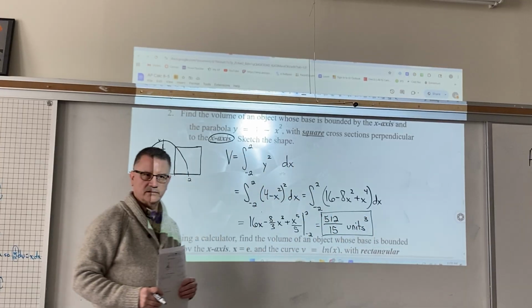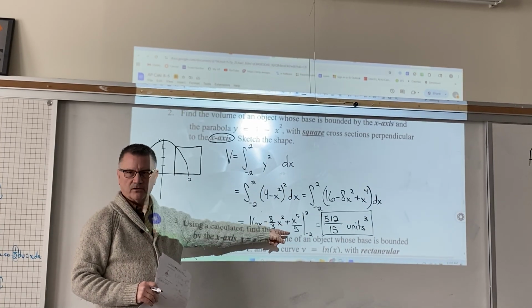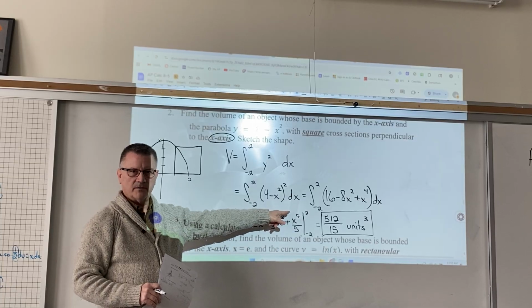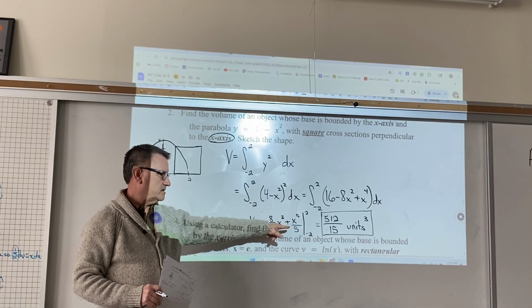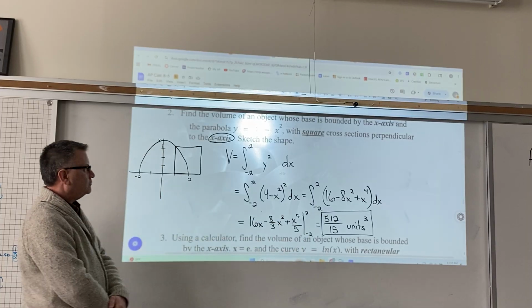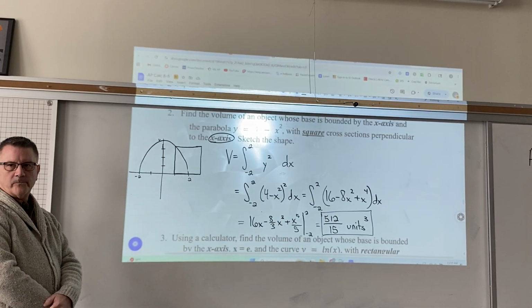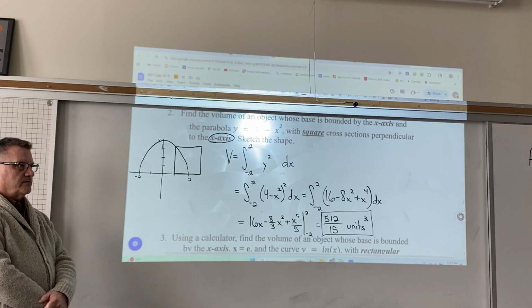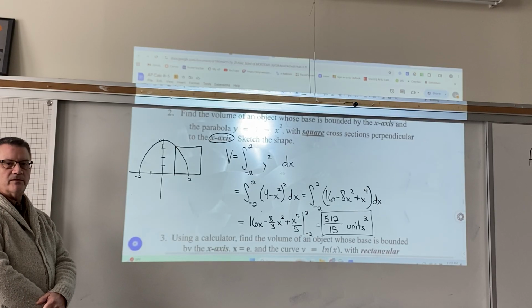Hopefully we're okay just plugging in the integral, right? Big top number plugged in minus plugging in the bottom number. That's what I got. Volume is the integral of the area.